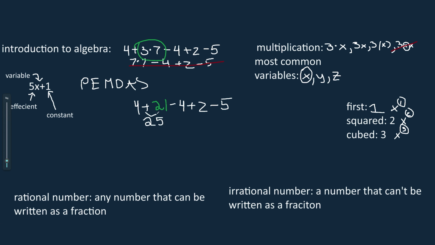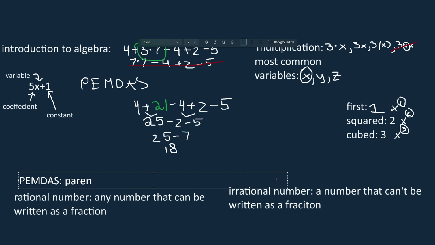I like doing it like this personally. Negative 4 plus 2 is negative 2 minus 5. 25 minus 7, 18. The reason why I have these little carets is because it's easier to visualize just two numbers being added instead of looking at the entire expression and being overwhelmed.